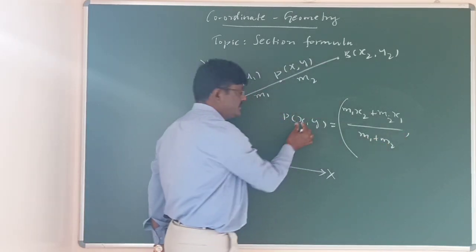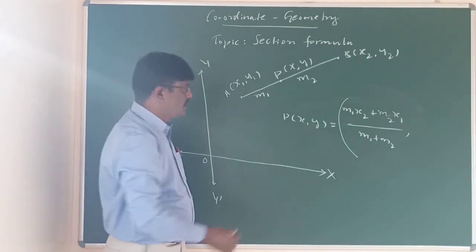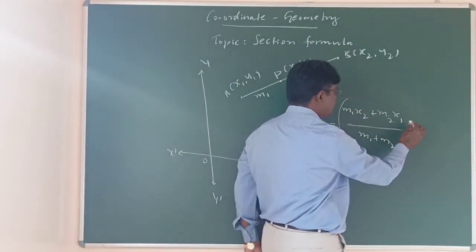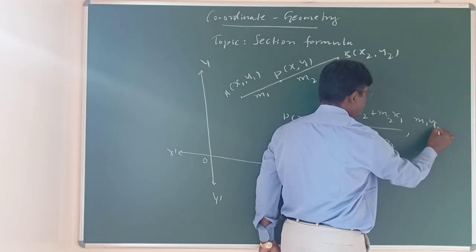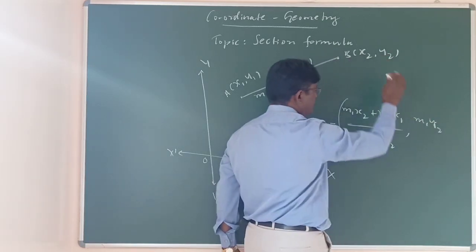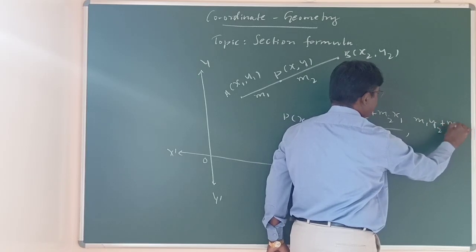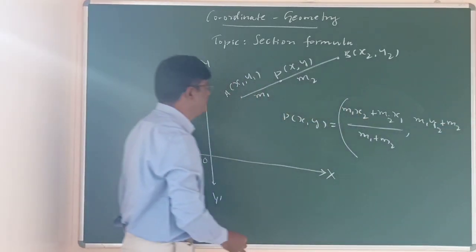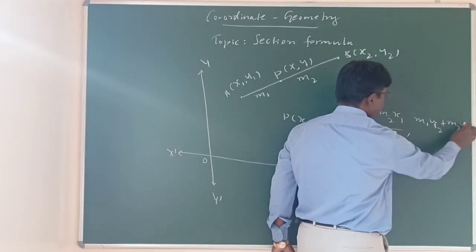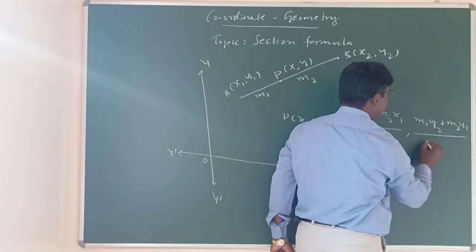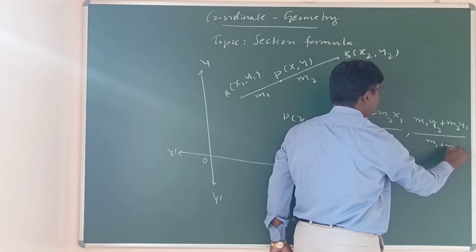This is the x component. The y component is again m1, and with 1 here we have y2, plus m2, and with 2 we have y1, divided by m1 plus m2.